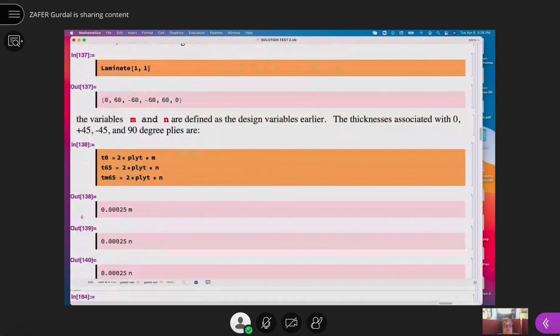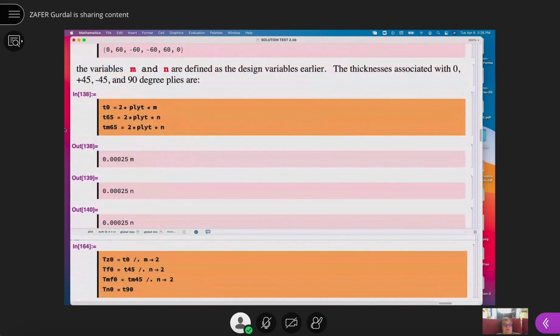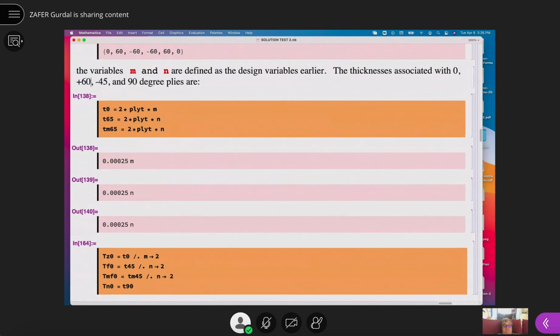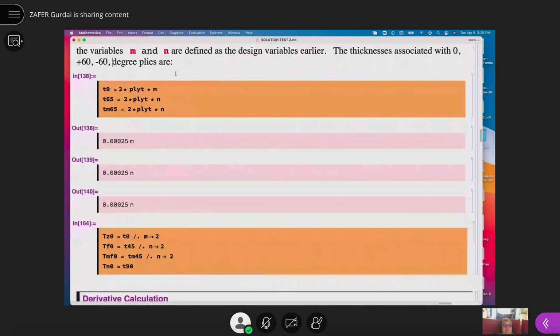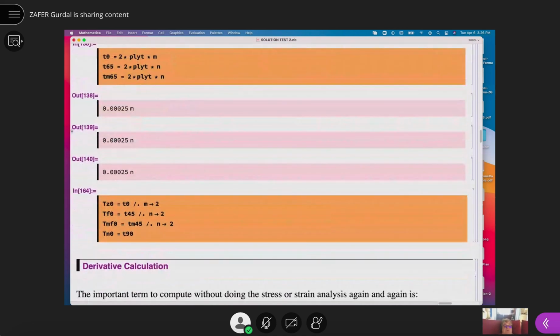So these are the parameterized version of, I'm gonna send this to you guys afterwards. So T0, 0 is T0 when M goes to 1.